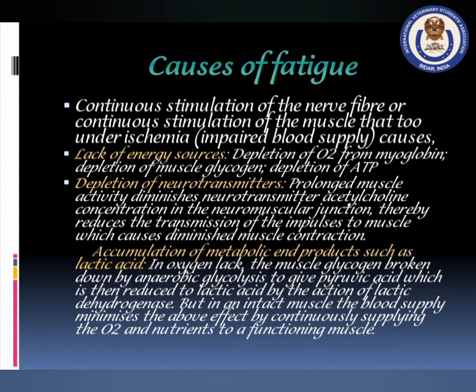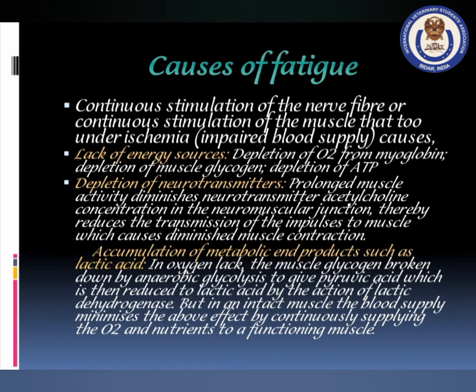Causes of fatigue: continuous stimulation of the nerve fiber or continuous stimulation of the muscle, especially under ischemia, that is impaired blood supply, causes lack of energy sources, depletion of neurotransmitters, and accumulation of metabolic end products such as lactic acid. Lack of energy sources: depletion of oxygen from myoglobin, depletion of muscle glycogen, depletion of ATP.